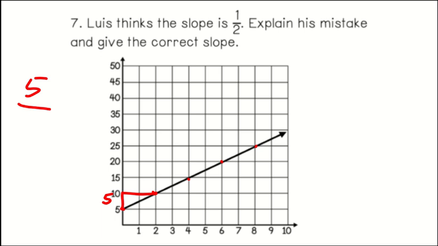My run goes from 0 to 2, so that's 2. Our slope would be 5/2 there. Okay? Everybody follow on that? That's the only tricky-ish part with this, is sometimes the labels are different. So always just kind of try to be aware of how the graph is labeled, okay?